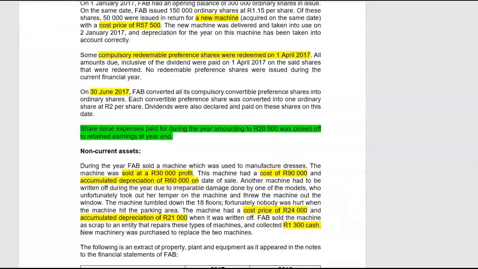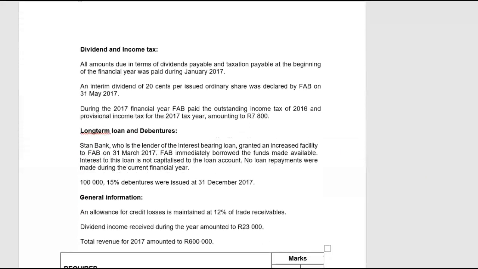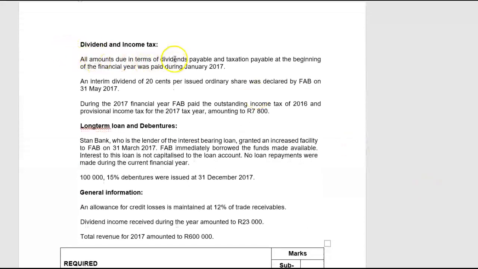We've done non-current assets. Let's see what they say about dividends and income tax. All amounts due in terms of dividends payable and taxation payable at the beginning of the financial year was paid during January 2017. An interim dividend of 20 cents per issued ordinary share was declared by Fab on 31 May 2017.